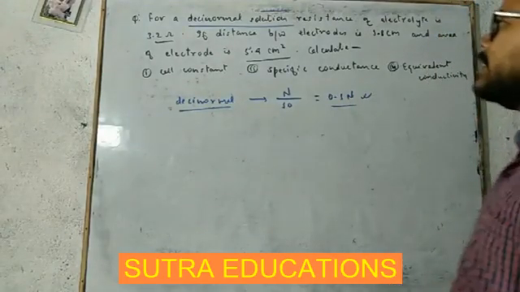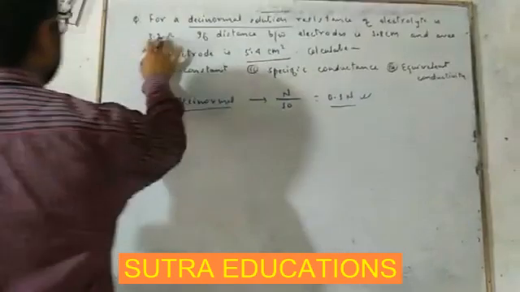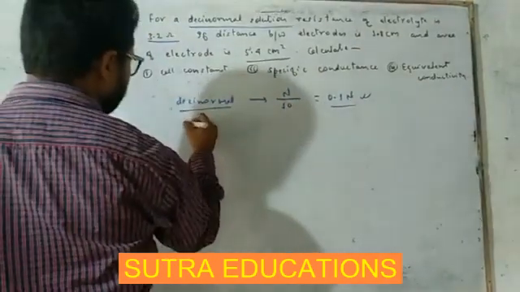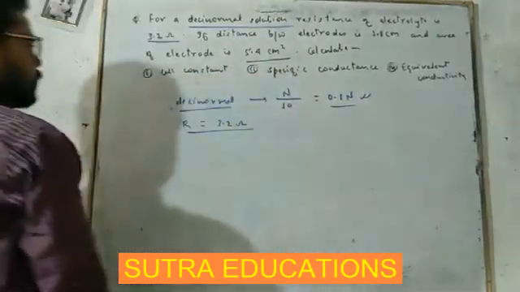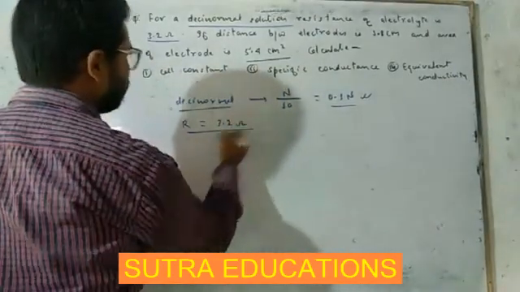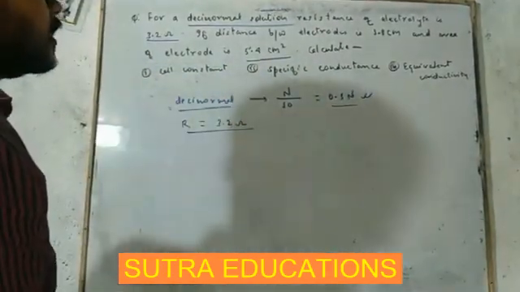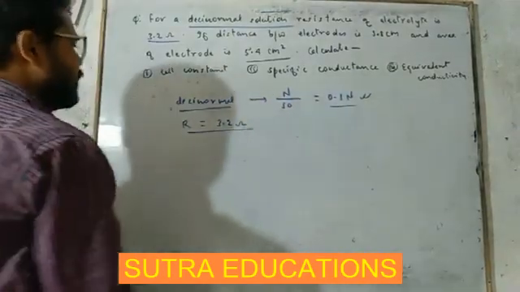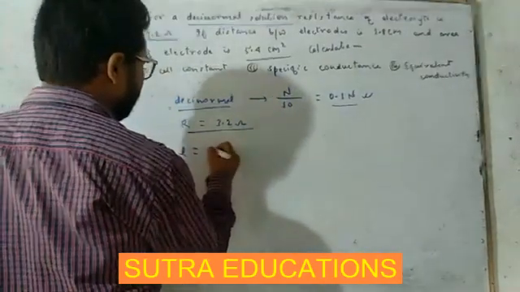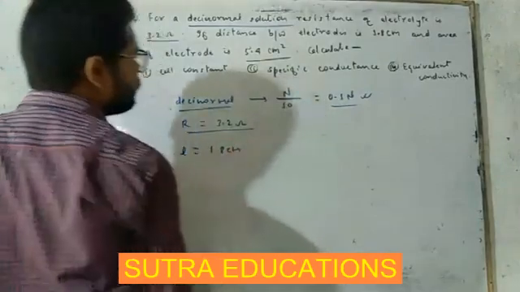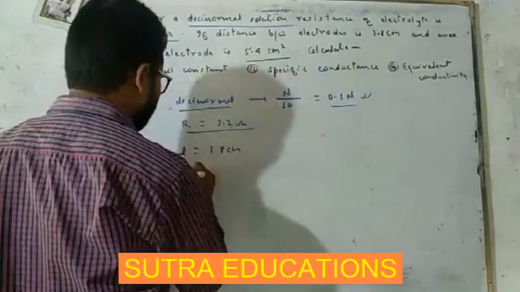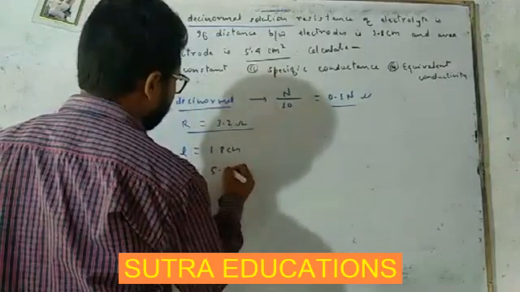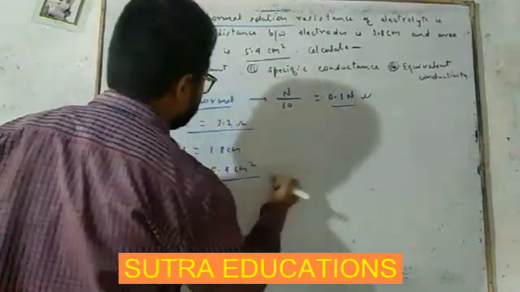Resistance of electrolyte is 3.2 ohm, so resistance is equal to 3.2 ohm. If distance between electrodes is 1.8 centimeter, so L is given as 1.8 centimeter, and area of electrode is 5.4 centimeter square, means A is equal to 5.4 centimeter square.